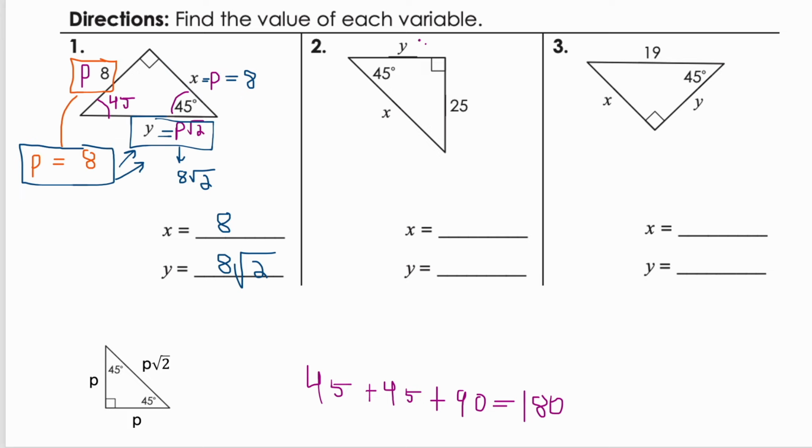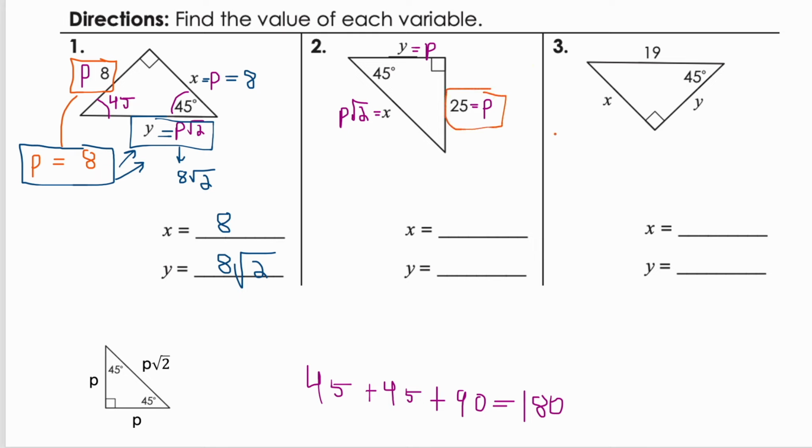All right, so now on to number 2. First things first, we write our letters on each side. So across from the 45s, we put p. The hypotenuse across from the 90-degree angle, we put p root 2. If you want to put an equal sign here, you can. It might help you out later. So now we can see y is equal to p root 2 is equal to x, and most importantly, 25 is equal to p.